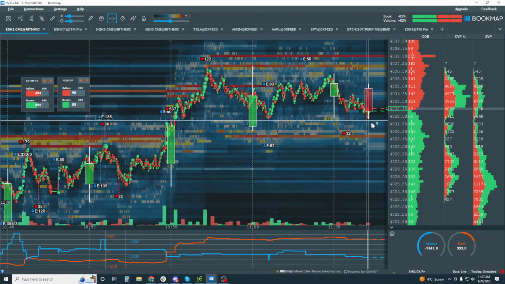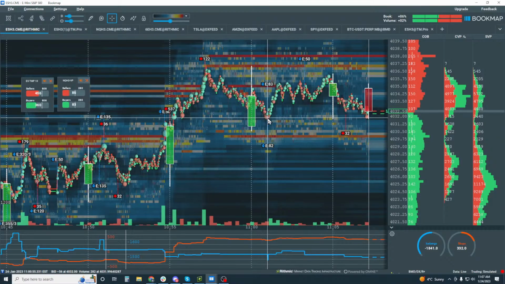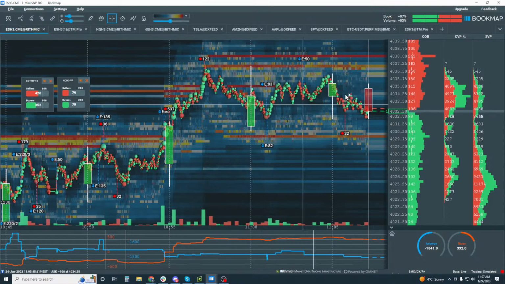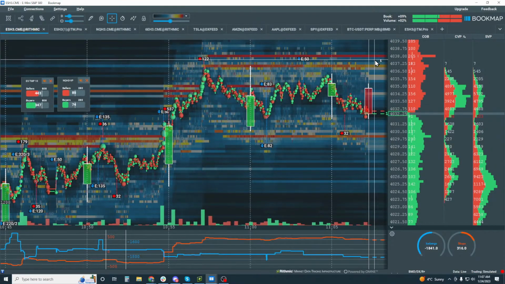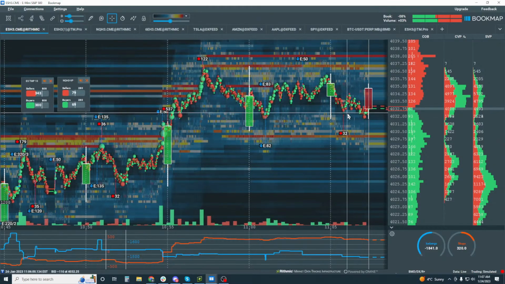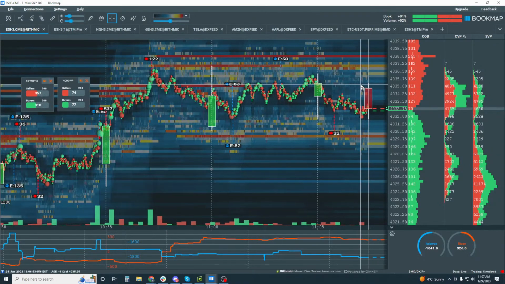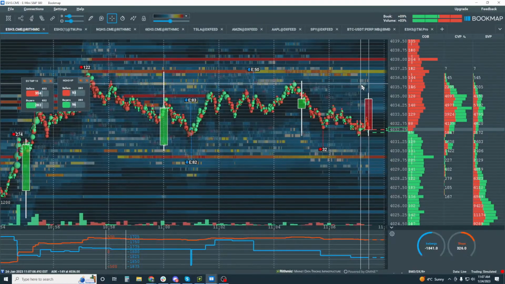So you just save yourself some money. Now, who knows? It might come down here and then the sellers exhaust, we find buyers in here and we come back up to new highs. But it's all about the risk management and what fits with you.